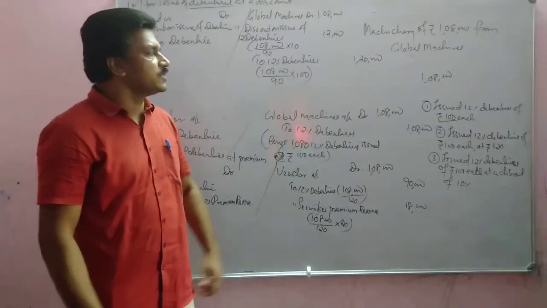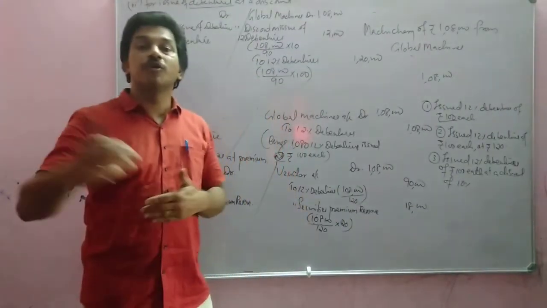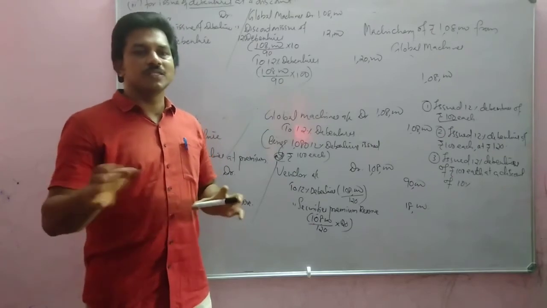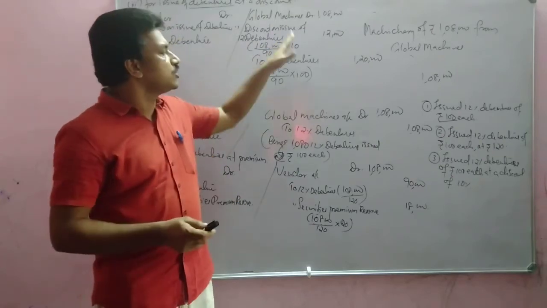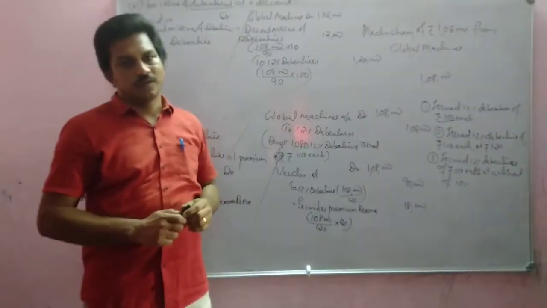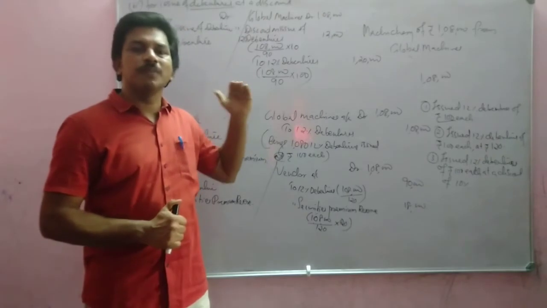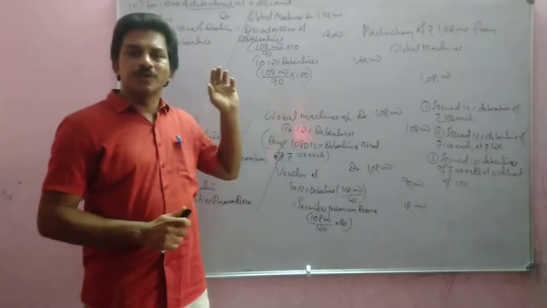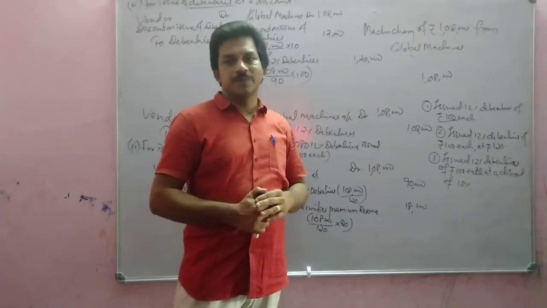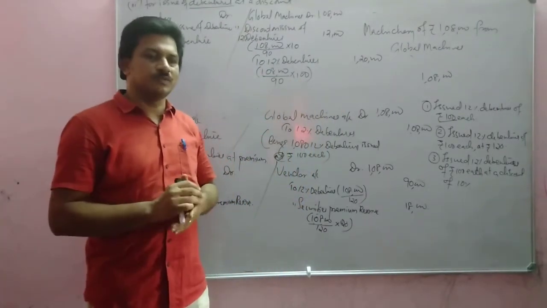During the period of this debenture means, suppose this 12% debenture is issued for 10 years. 10 years is the maturity period. So within 10 years this discount on issue of debentures should be written off from the profit. Okay. So discount on issue of debentures must be written off from debenture value during the lifetime of the debenture. Okay, that is the speciality for treatment of discount on issue of debentures.